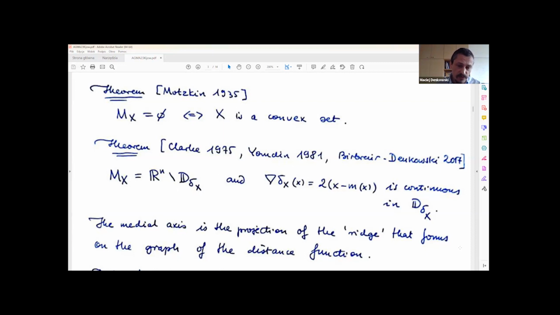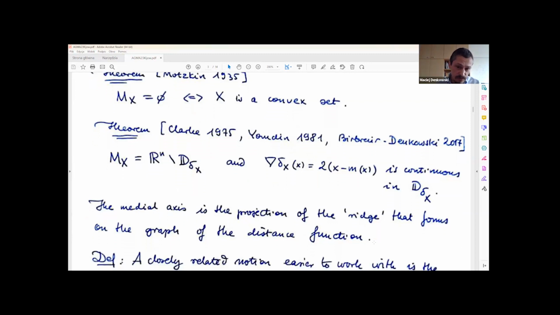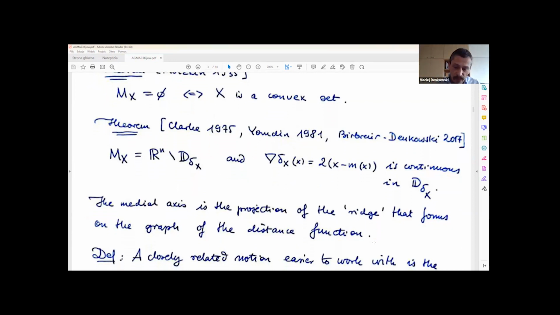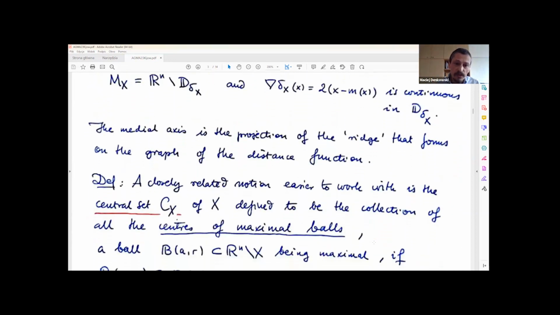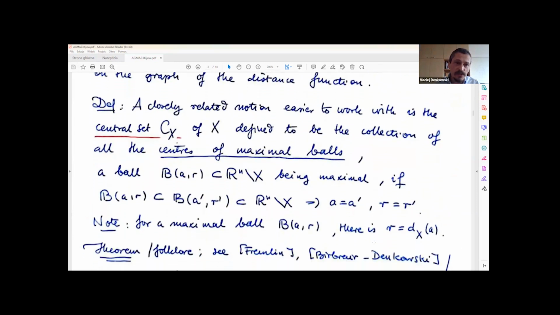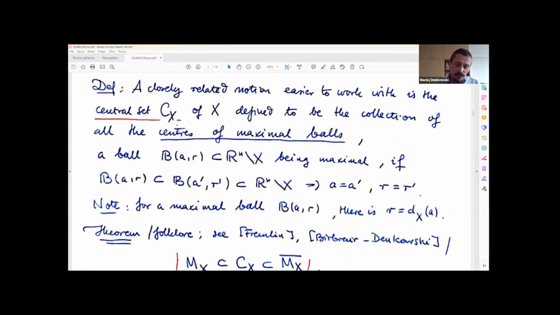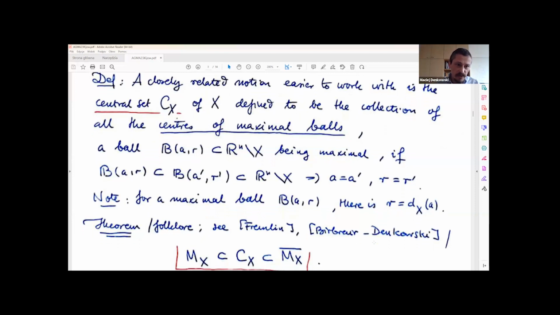So this gives us some insight into the geometric structure. The medial axis is a projection, therefore, of the ridge that you get when you consider the graph of the distance function, right? And another closely related notion that it is definitely easier to handle, and often in the proofs we use not exactly the medial axis, but rather this one, the central set.